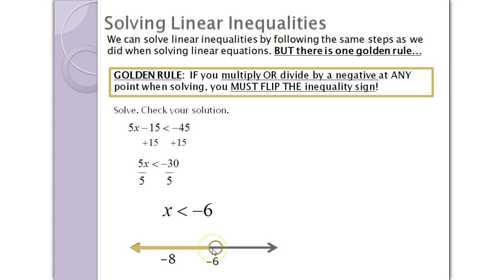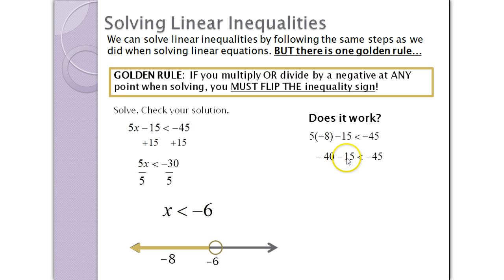That's a hole. That's saying that it's going to get really, really, really close to negative 6, but x cannot be negative 6. If you choose negative 6 when you plug in, you're going to get an inequality that is not true. So I'm going to use negative 8. If you want to use another number, feel free to. So all I'm going to do is replace x with negative 8, just like I did here. 5 times negative 8 is negative 40.